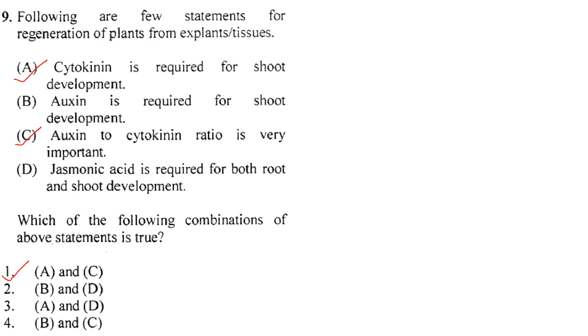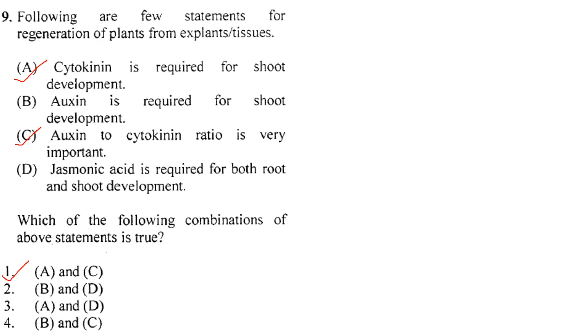The next one. Following are a few statements for regeneration of plants from explant tissues. So in a tissue culture experiment, they have given some hormones here, and they have asked about the mechanism of action of the hormones for regeneration of plants from explants and tissues.